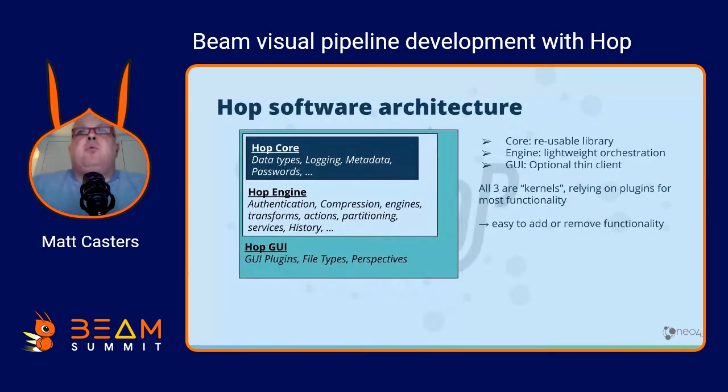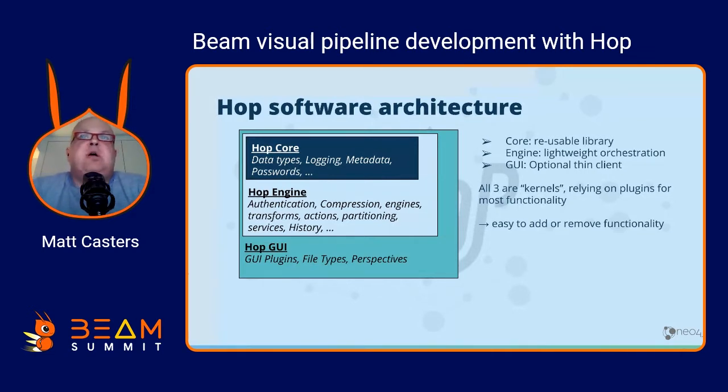Architecturally, we have a bunch of reusable Java libraries: core, engine and GUI. Core handles data types, logging, rows, metadata, passwords, encoding, that sort of stuff. And the engines contain a lot of stuff related to the actual work.